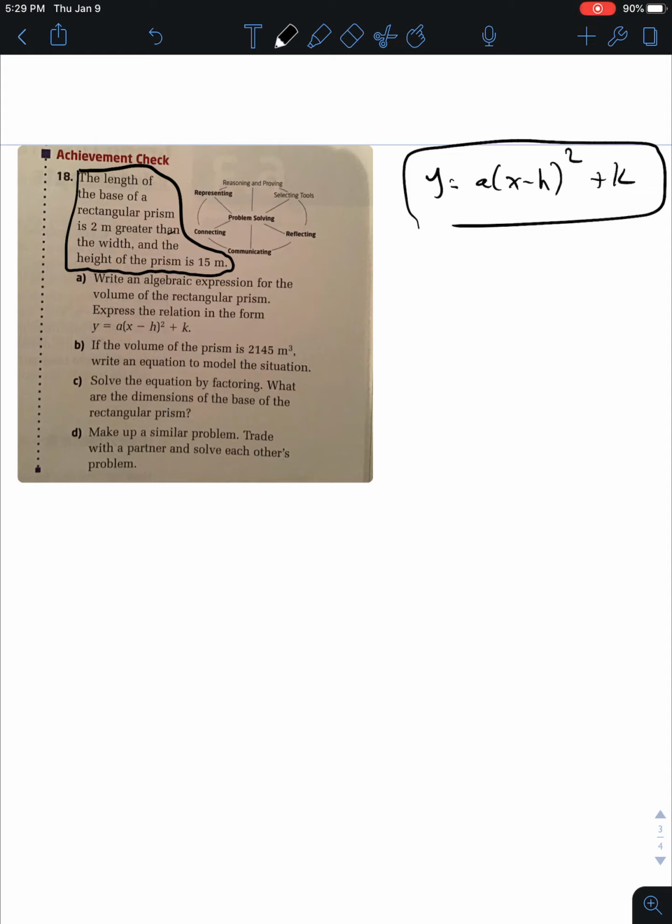So there's not a lot, like... This one might be a bit tricky, but actually, maybe not, because you've got a constant in here, right? Well, we could draw a picture, right? And we could draw a rectangular prism.